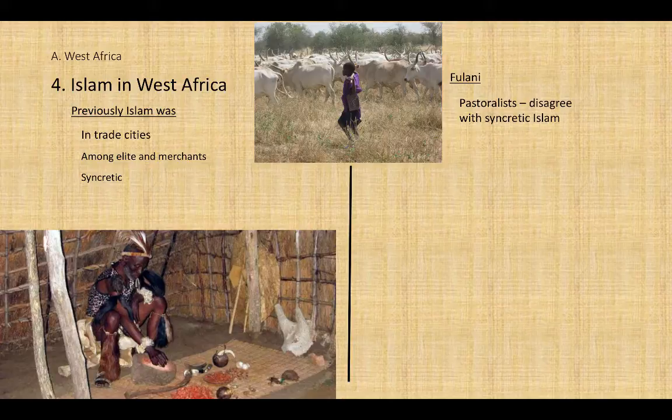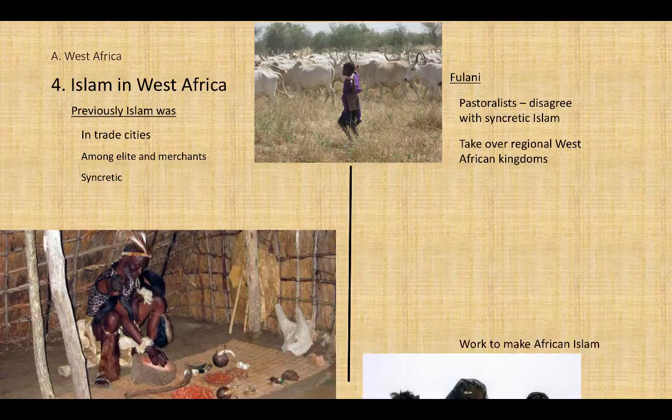They believe that it should not be a syncretic faith, that it should be more akin to the type of Islam that is practiced in Arabia. And so they're going to try to get rid of any belief in magic and amulets and nature spirits and those kinds of things. For the most part, the Fulani Empire will replace a lot of the regional kingdoms in West Africa, and they'll become the dominant power after the fall of the Songhai.